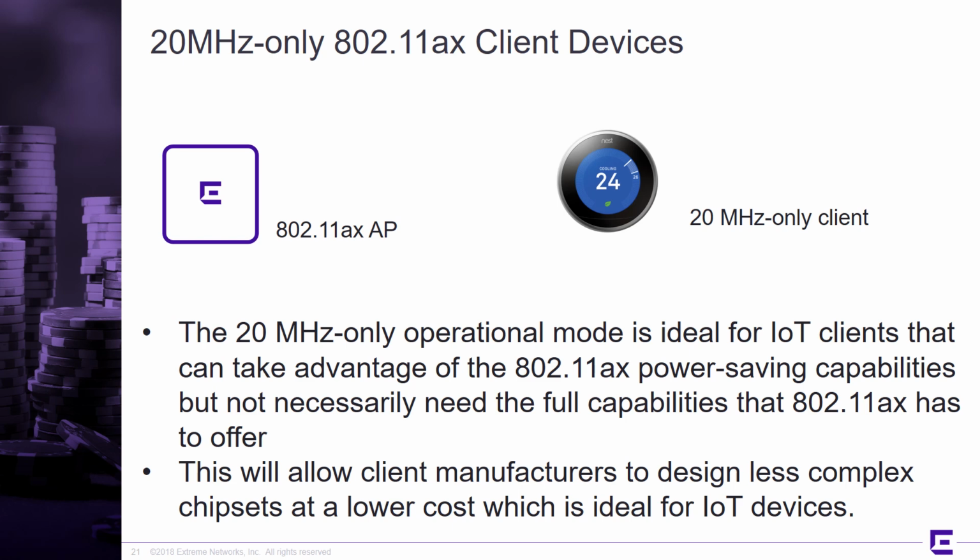So we'll see on the next slide how that will look visually. But this is optimal for devices that have small batteries that need to last a long time. And of course, a lot of these IoT devices are not going to have a full complement of 11AX features either. This is going to allow client manufacturers to design less complex chipsets, lower cost, and this is going to be perfect for your standard IoT stuff.